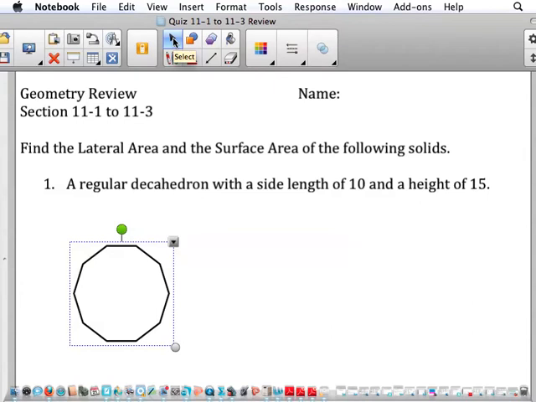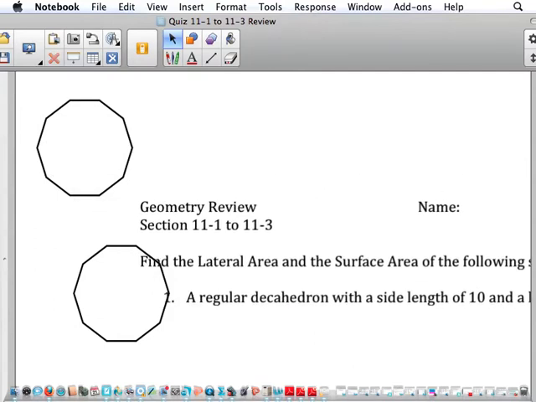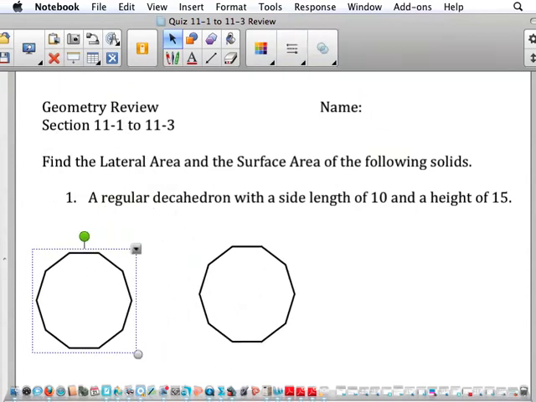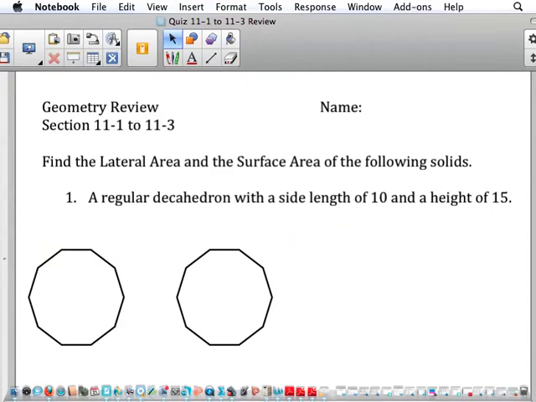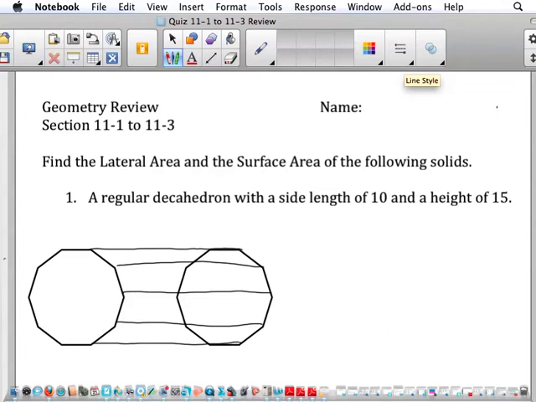If it has 10 sides, there it is. I just want you to get the general idea of what this looks like.